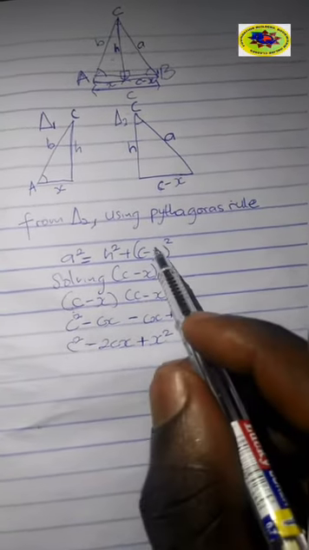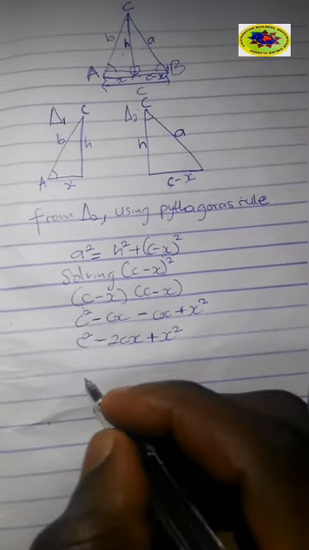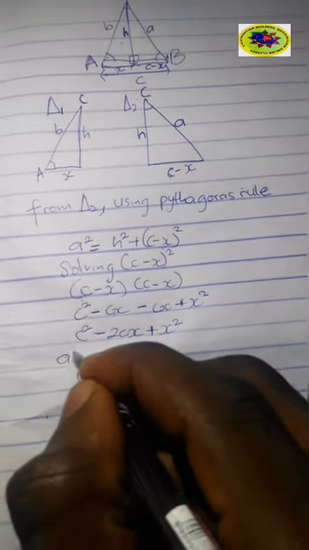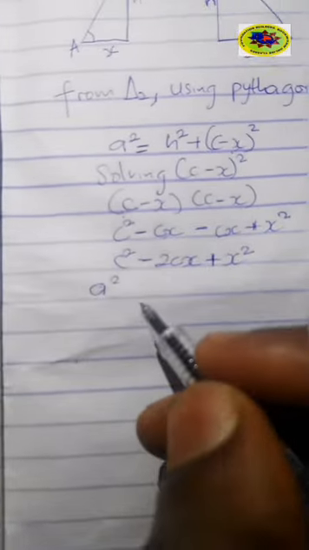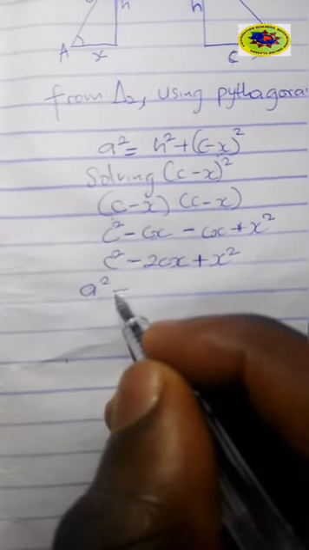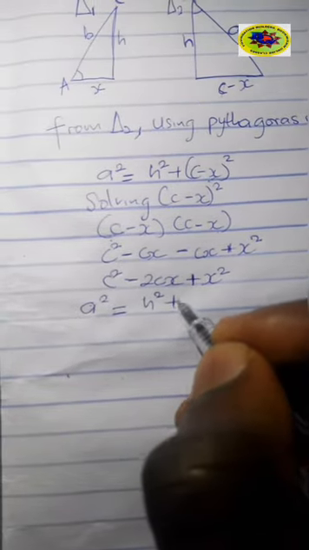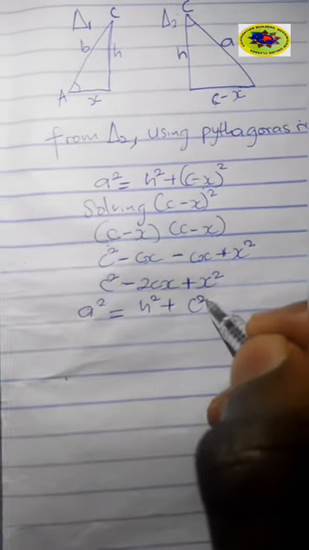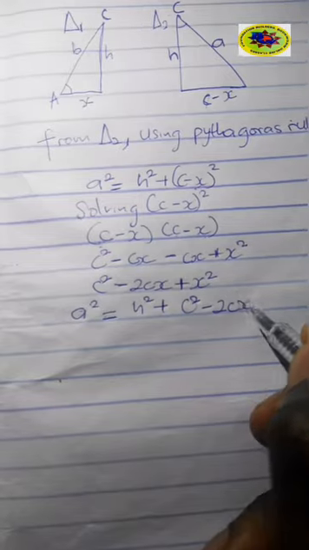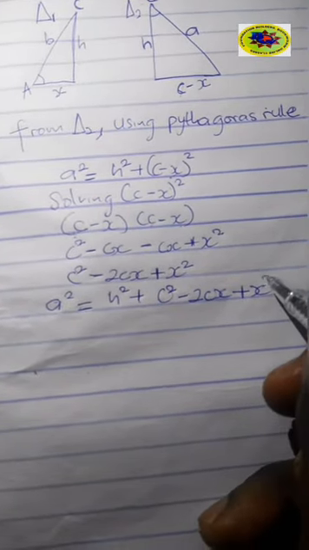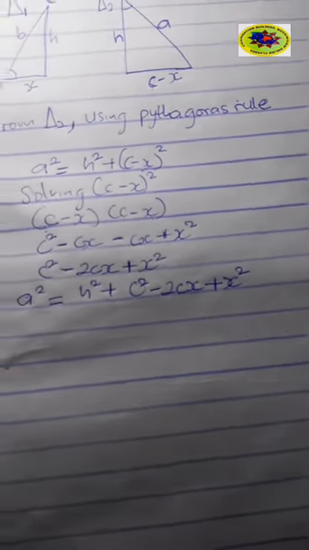Now substitute this value in this place. That means a square is equal to h square plus c square minus 2cx plus x square. It's quite simple.